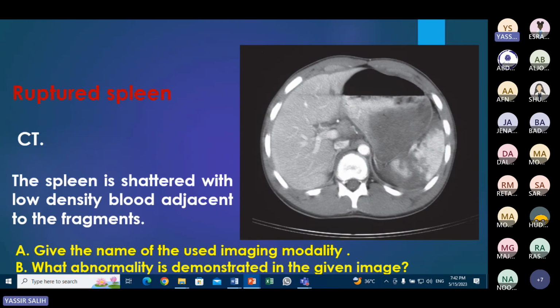This is a patient involved in a road traffic accident, RTA, or who sustained blunt abdominal trauma. What abnormality is demonstrated in the given image?